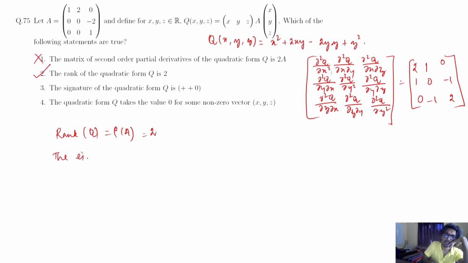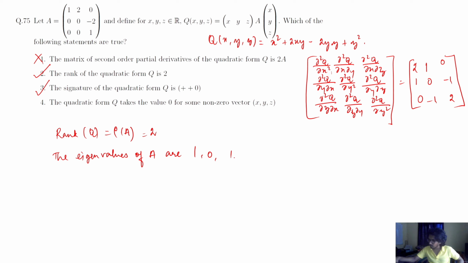The eigenvalues of the matrix A are 1, 0 and 1. Therefore the signature is, it has 2 positive eigenvalues and a 0, so the signature is plus plus 0. That is also true.